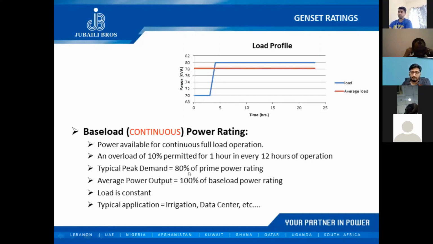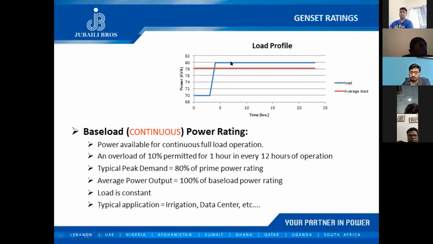Our typical peak demand is 80% of the prime power rating, or in other words, 100% of the base load power rating or the continuous power rating, because this is the same thing. The average power output is 100% of the base load power rating.